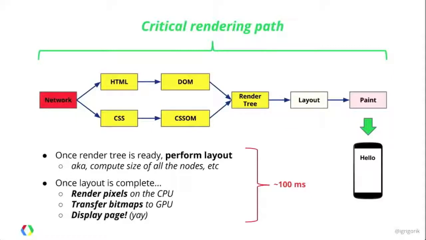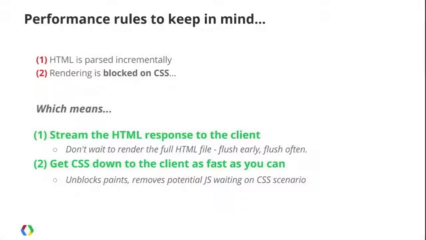But you'll notice that we had the HTML document and we were blocked on CSS for a while. One thing to take into account is that all of this processing is not instant. It takes time for the browser to lay out the pixels on the screen, to paint them, to transfer the textures to the GPU and get it visible. So I always allot at least 100 milliseconds for just internal processing. Maybe that's more of an aside.